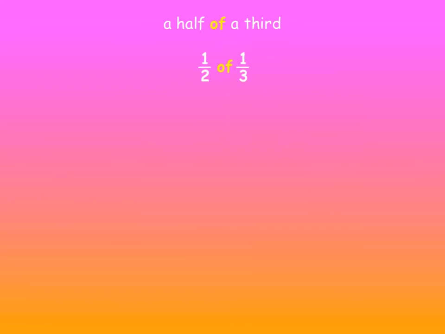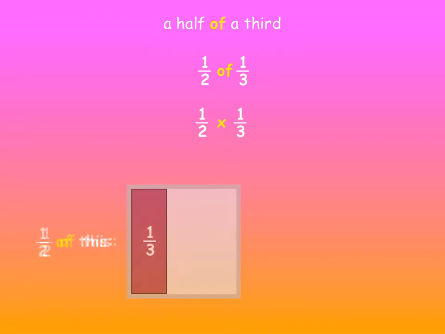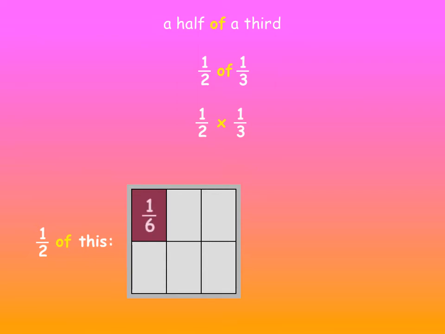Half of a third will become 1/2 times 1/3. 1/2 of this third is 1/6, and the math shows that. 1/2 times 1/3 is 1/6.